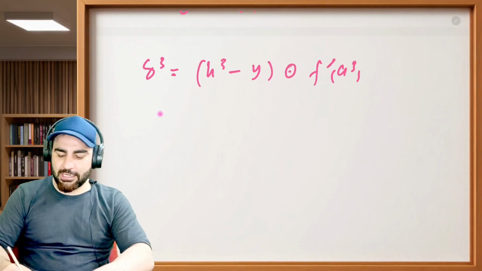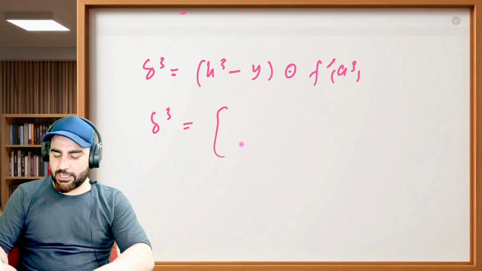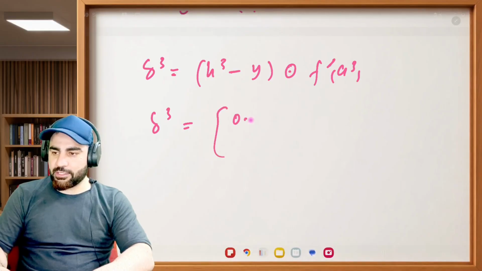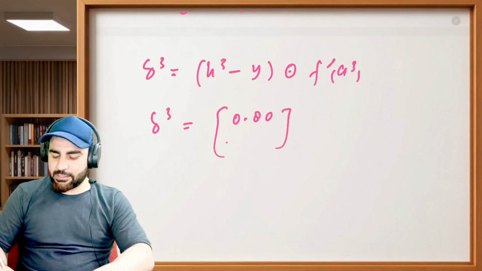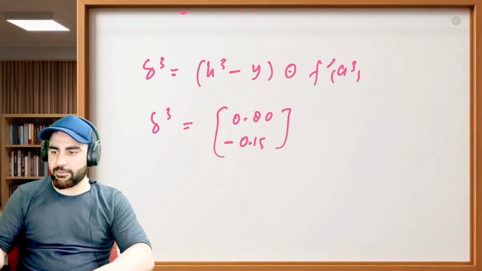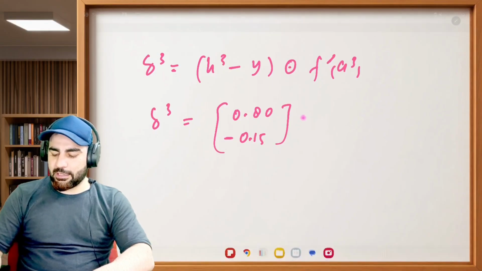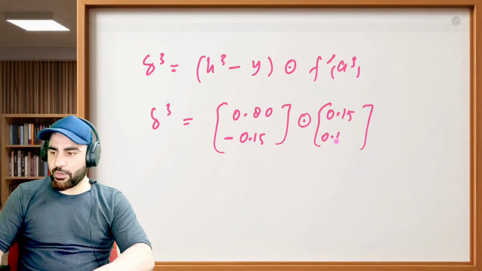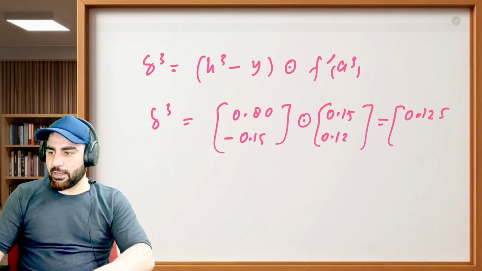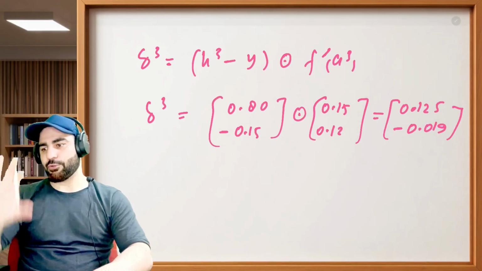So delta 3 is the whole vector h3, 0.80 and minus 0.15, the values we got, Hadamard product with 0.15 and 0.12. This comes out to be 0.125 and minus 0.01. Calculations can be off here and there, but I am just showing you the method.